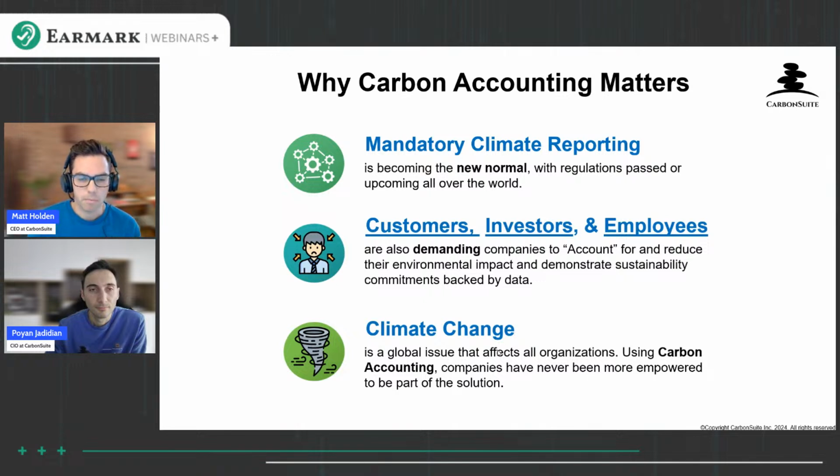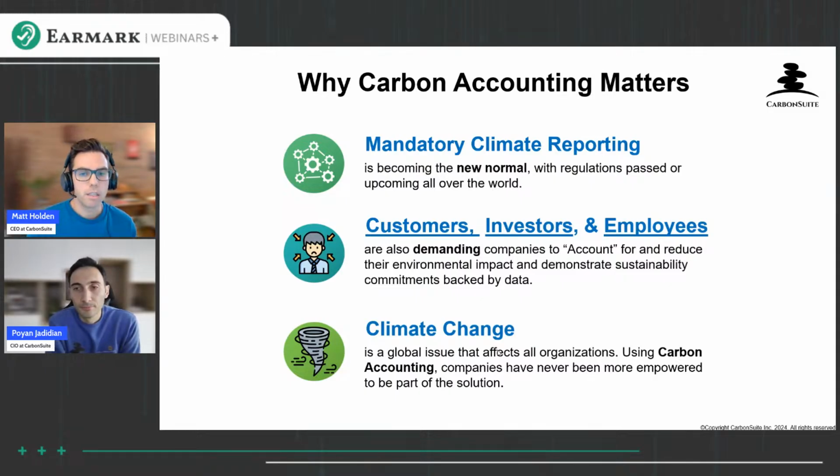There's regulations that have been passed in regions all over the world, including Europe, Australia, in the US, in Canada, there are regulations emerging as well. And these frameworks are consolidating together under one kind of global framework for carbon accounting, which is the GHG protocol.